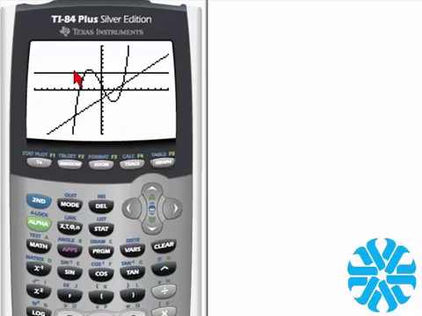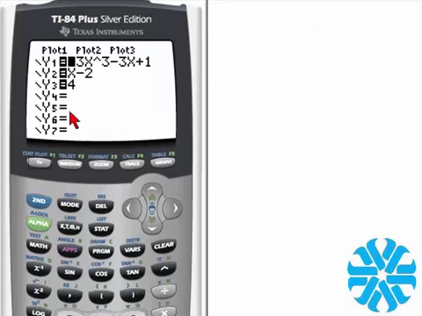Okay, so let's see what it looks like first. So here's where it is positive 4. Okay, it's right there. Alright, now let's go ahead and hit the y equal button, and then we're going to move down to the third line, and we're going to insert a negative value, or the opposite of. So we're going to go second function, and then the insert is what we want, so we hit this key, and then we'll hit the opposite sign, and then we're going to graph it.